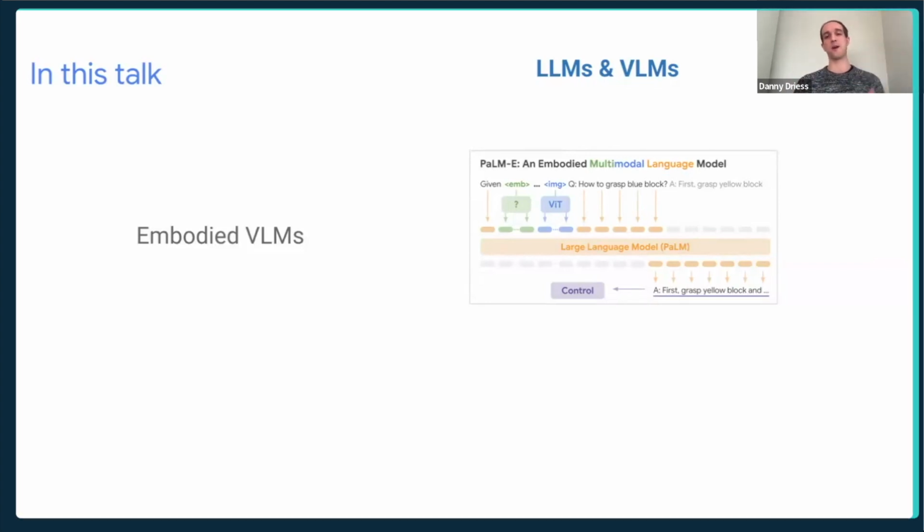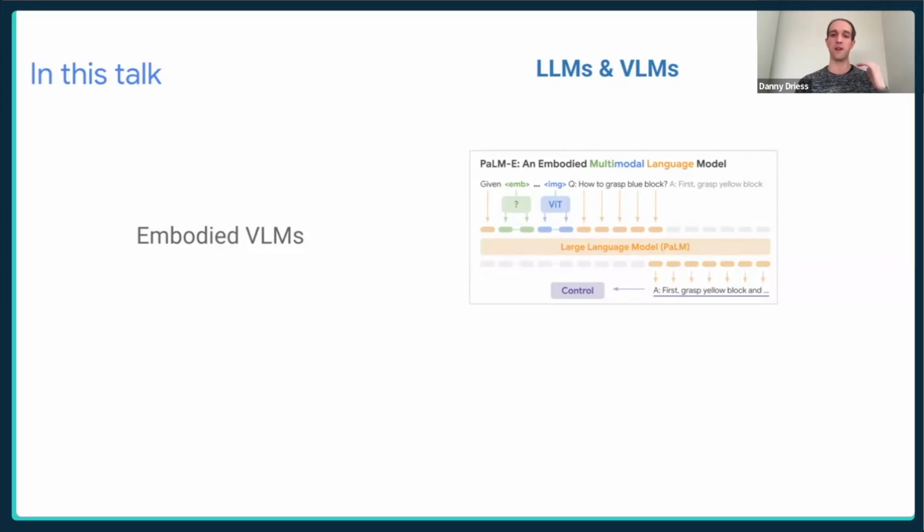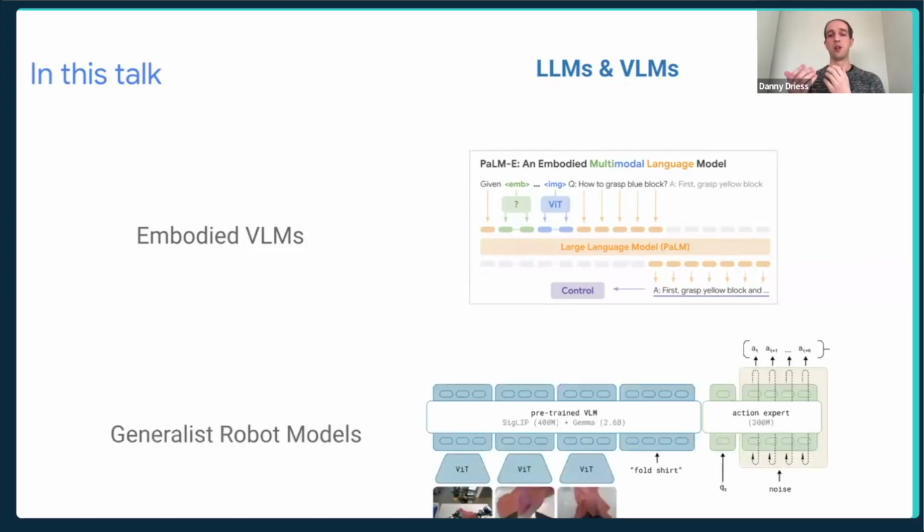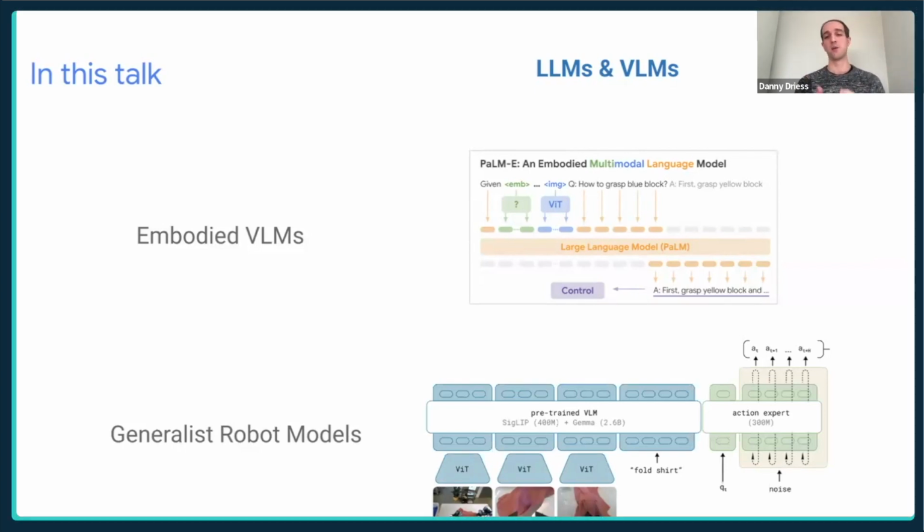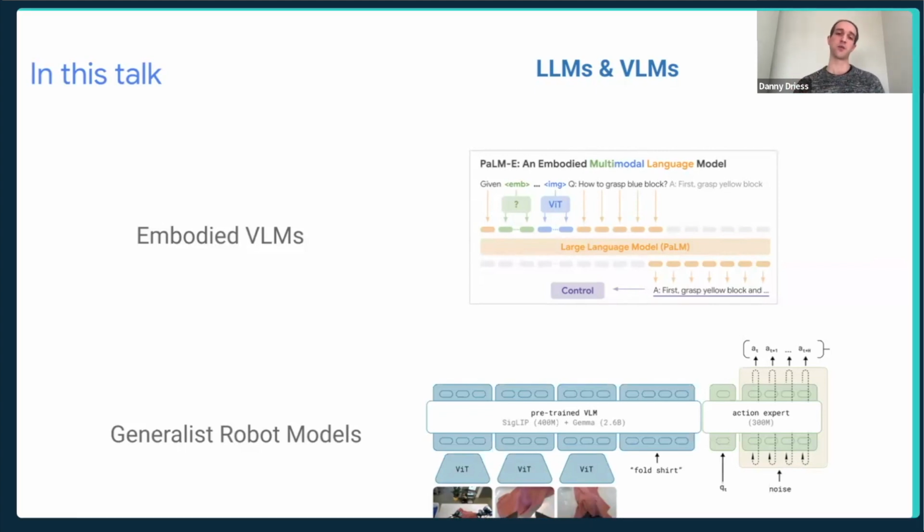But one disadvantage of Palmy was that its outputs were strictly text. So then I want to talk about how we made this model more of a robot policy, which outputs low-level robot actions. And I will talk about the Pi0 model, how we built it, how we trained it, and what the architecture is. This model was the one that controlled the robot that we were seeing in the beginning.